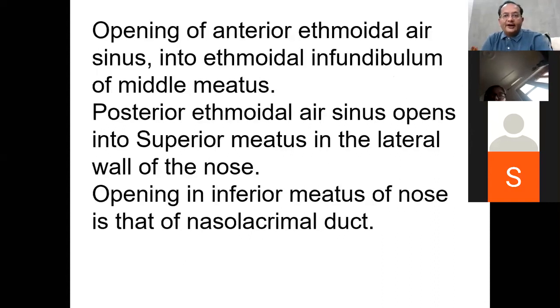Opening of the anterior ethmoidal air sinus. The ethmoidal air sinus is one of the air sinuses. There are four air sinuses: frontal, ethmoidal, maxillary, and sphenoidal.